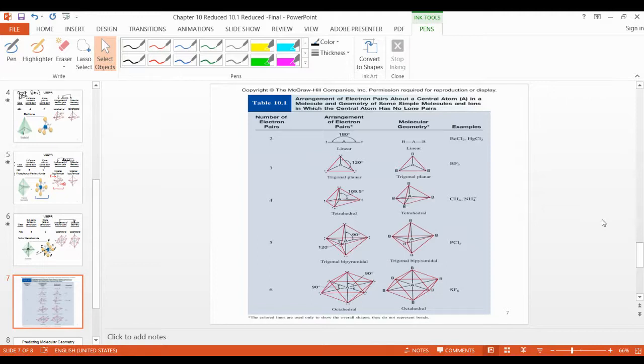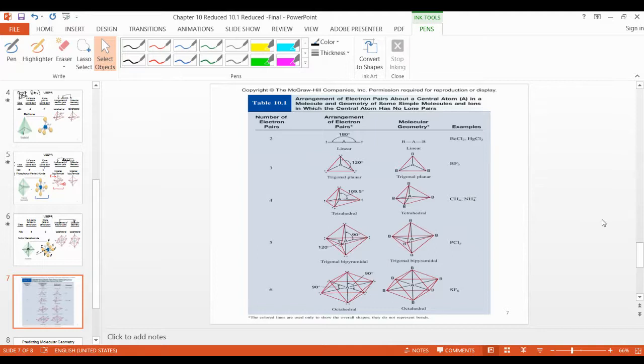Different types of molecules, you can go through the book, or they are present in the presentation also. 1, 2, 3, 4, 5, 6. Only 6 molecules. Different examples are given: BF3, CH4, NH4, PCl5, SF6, and others.